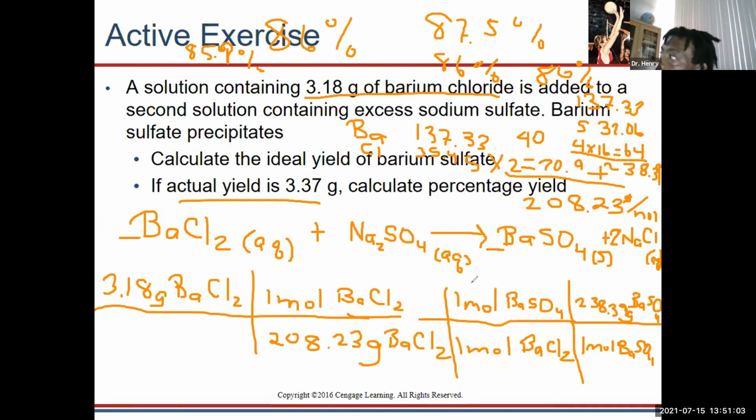So these are going to cancel out. It's going to be what? 3.64 grams of barium sulfate.